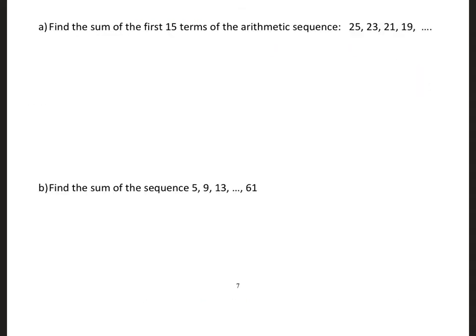So here we are told to find the sum of the first 15 terms of the sequence. Let me write what I know. I know the first term is 25. I know that n is equal to 15, and I also know d is equal to -2.